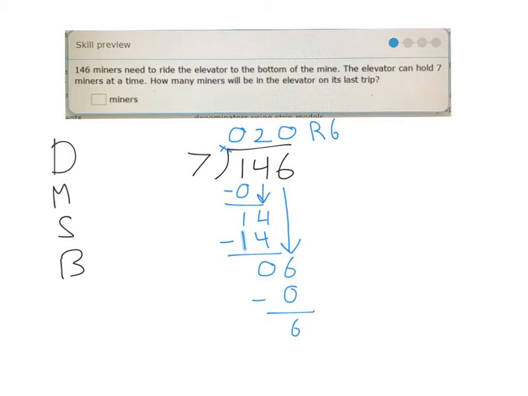So we've now figured out that there'll be 20 different trips taking 7 miners at a time down. But after those 20 trips, there'll still be 6 remaining miners. So how many miners will be in the elevator on its last trip? It won't be full. There'll only be 6 miners in the very last trip.